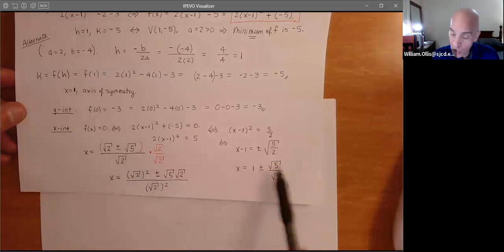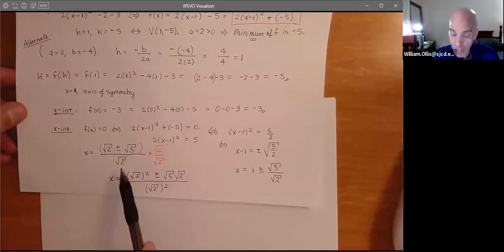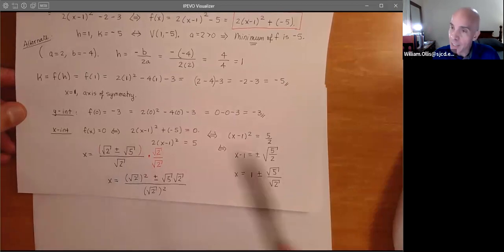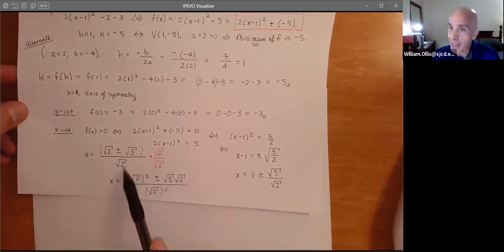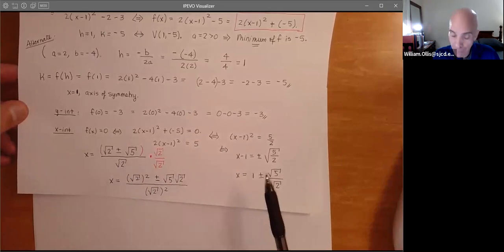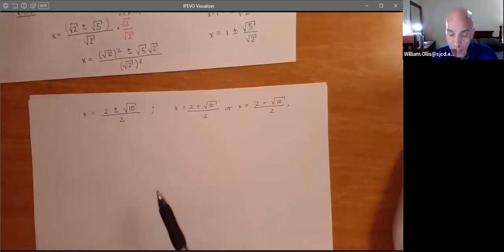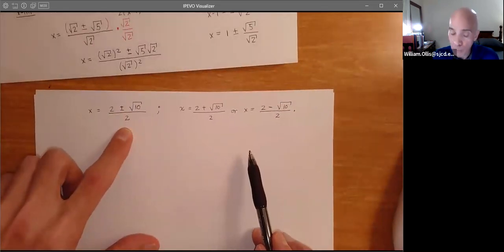In doing that, the first thing we do, like we did in section 4 of chapter 1, is get a common denominator of root 2. Then we clean it up. We rationalize the denominator by multiplying and dividing by square root 2. And upon doing that, we get nice numbers. That is, we end up with 2 plus or minus square root 10 divided by 2.